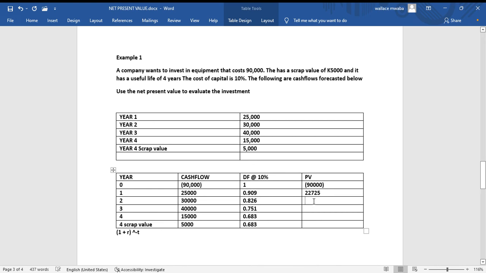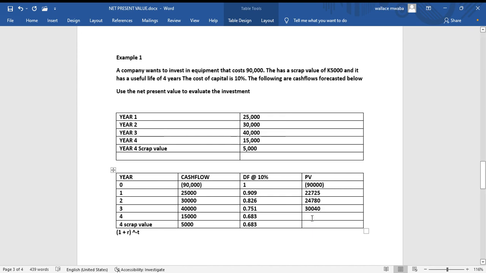Now 30,000 times 0.826, we get 24,780. 40,000 times 0.751, we get 30,040.